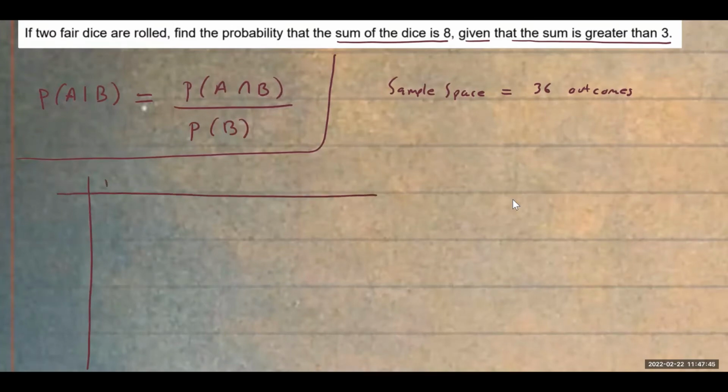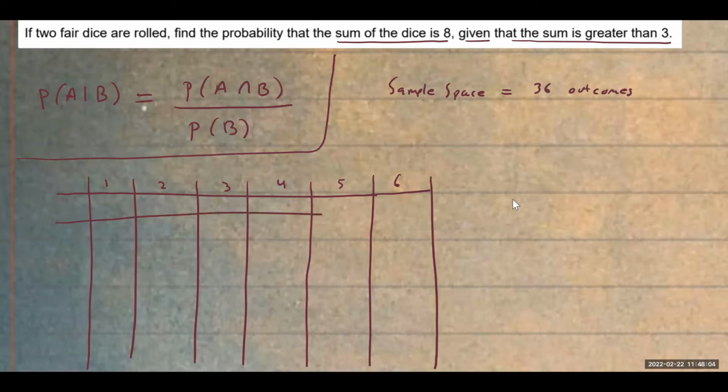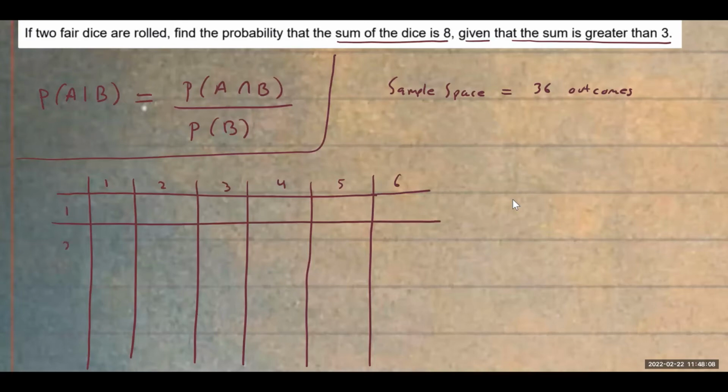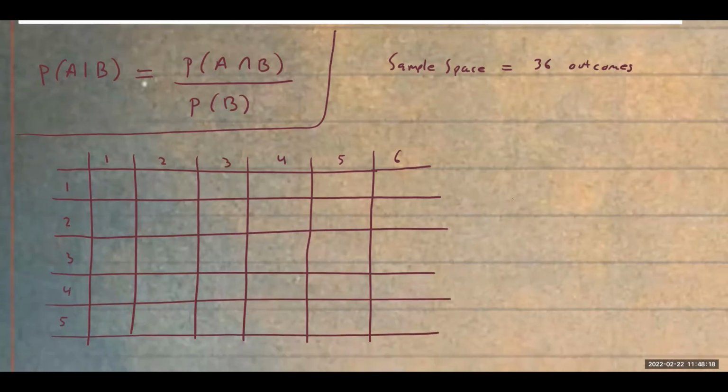Let's suppose that's our first die, with outcomes 1, 2, 3, 4, 5, and 6. And the second die, we're going to list them horizontally: 1, 2, 3, 4, 5, and 6.